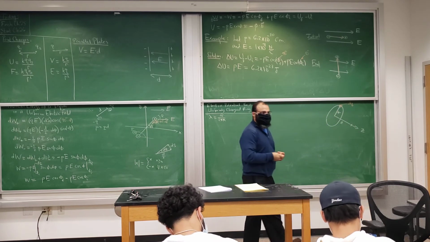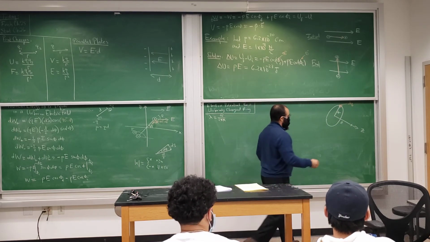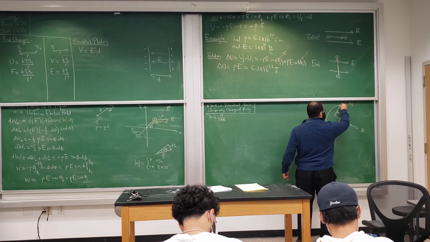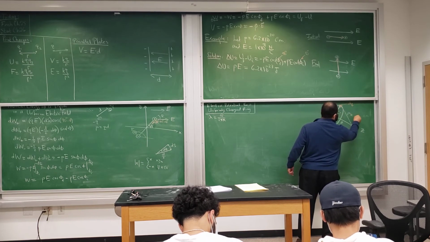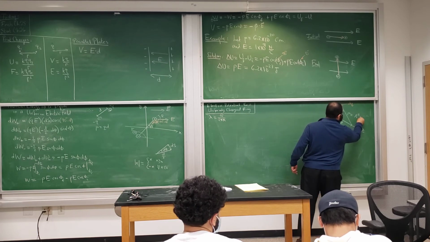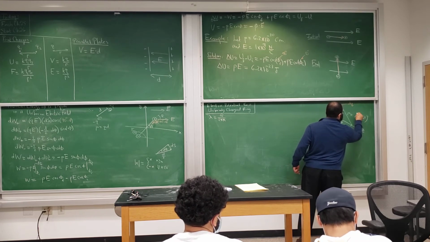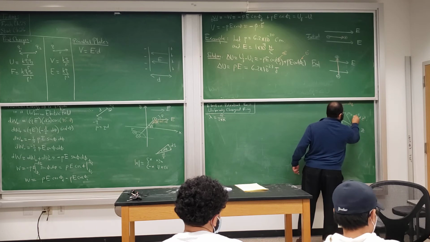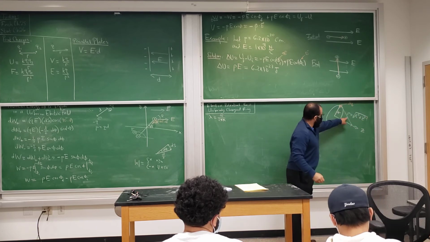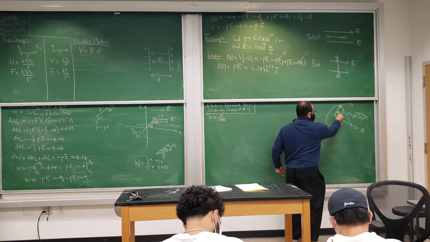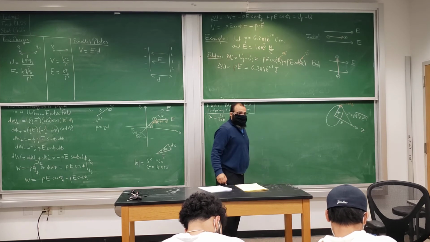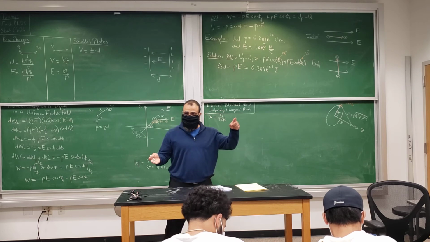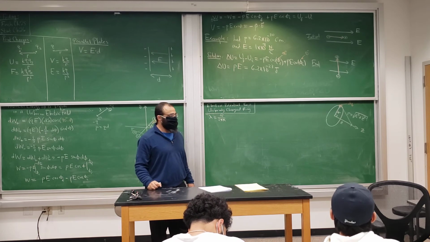How much electric potential will it contribute here? It's a certain distance away. This is 90 degrees, so the distance is the square root of R squared plus z squared.